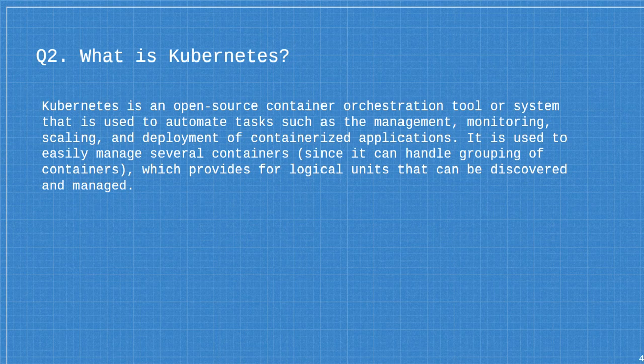Kubernetes is mainly an open source container orchestration tool, and it is used to manage monitoring, scaling, and deploying of containerized applications. Whatever application we are hosting in containers, we can host it under a Kubernetes cluster and perform these many tasks on that.